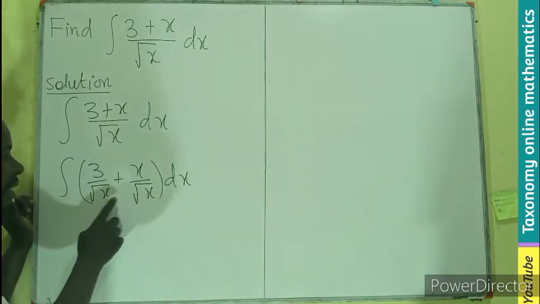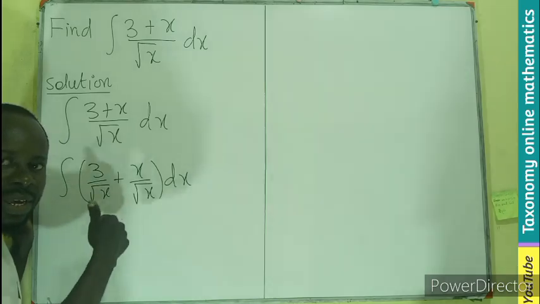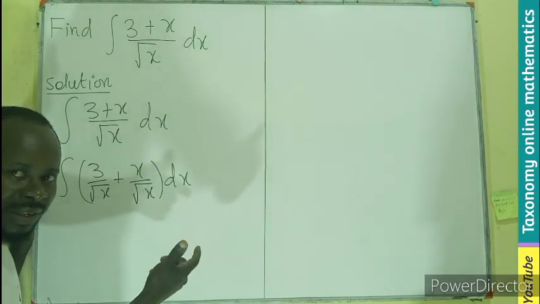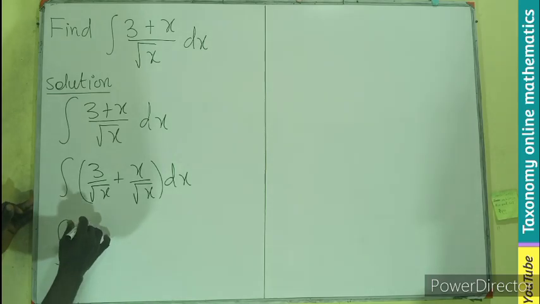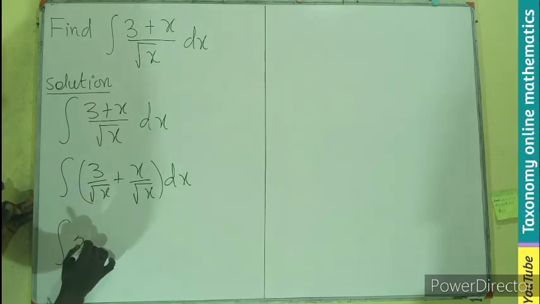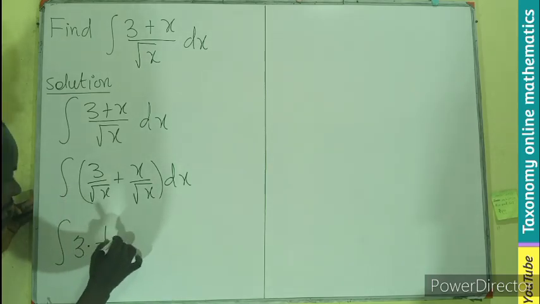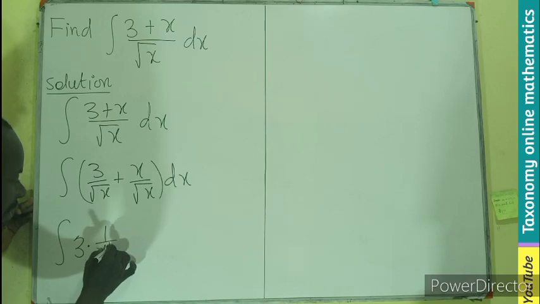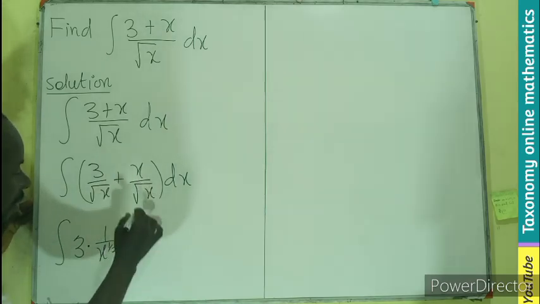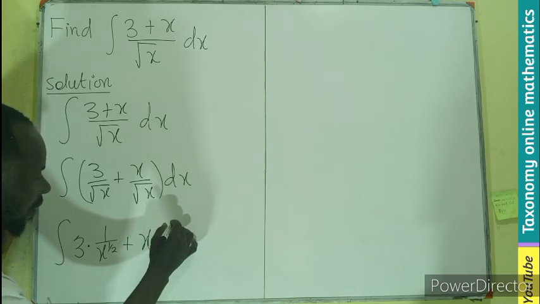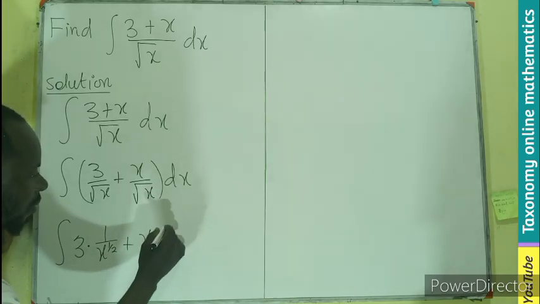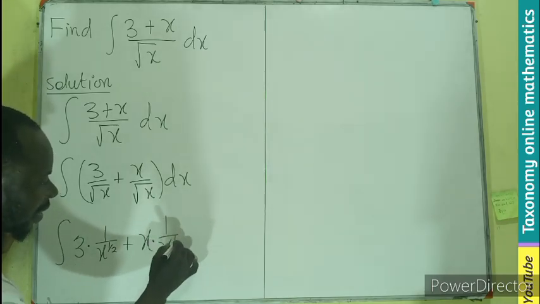We can see that the root of x can be written as an index, a power of half. So I have the integral of 3 times 1 over x exponent half, plus x times 1 over x exponent half.